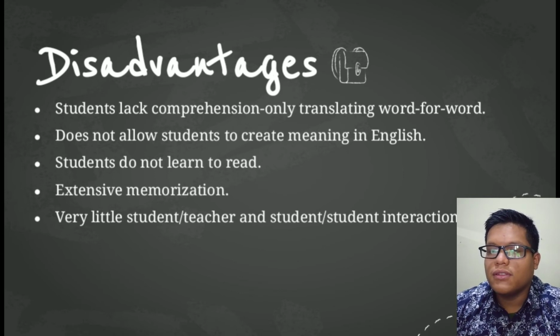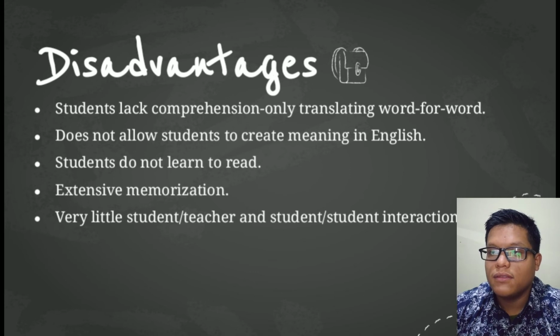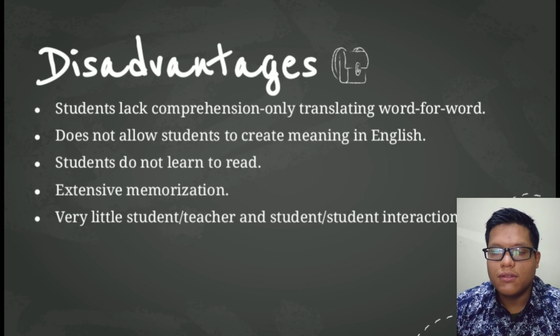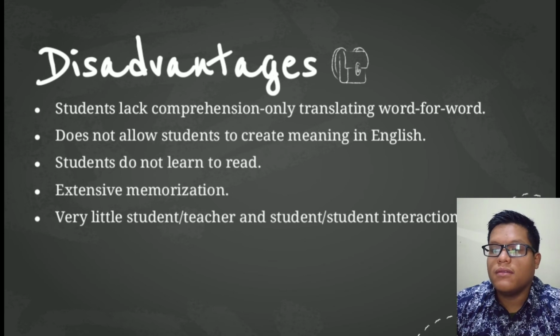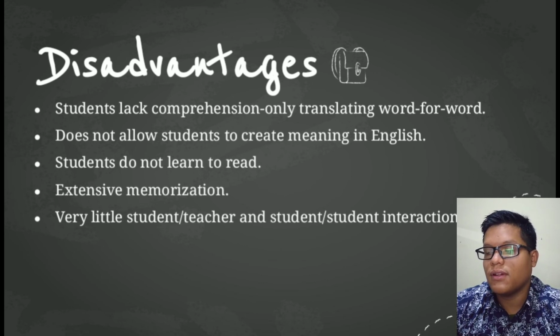I hope you understand it. And number 3, students don't learn to read. Number 4, extensive memorization. You need more mind capacity. Number 5, very little teacher and student or student to student interaction.